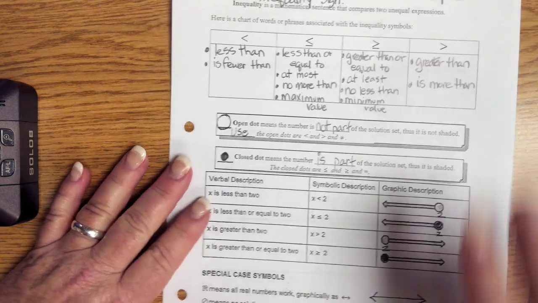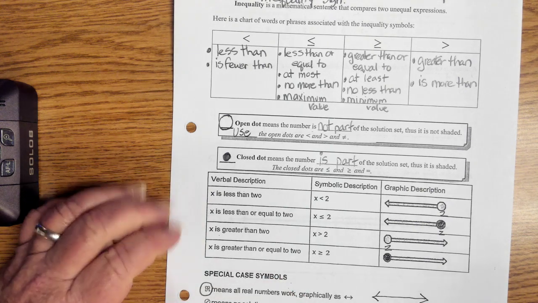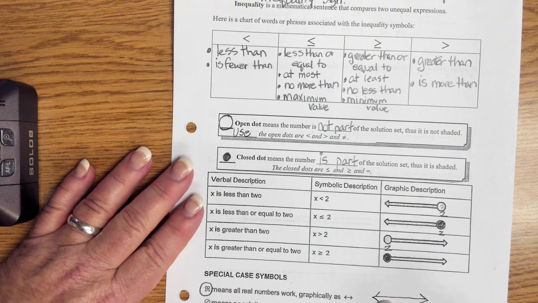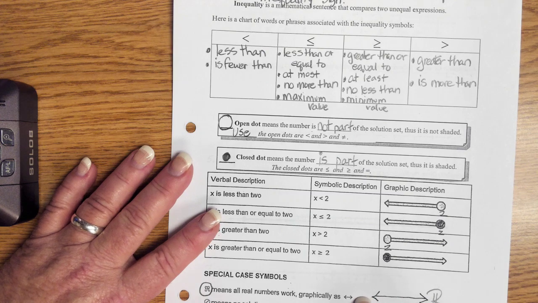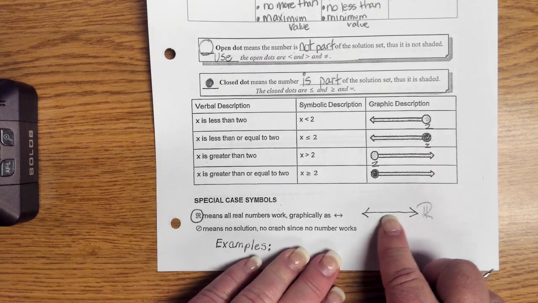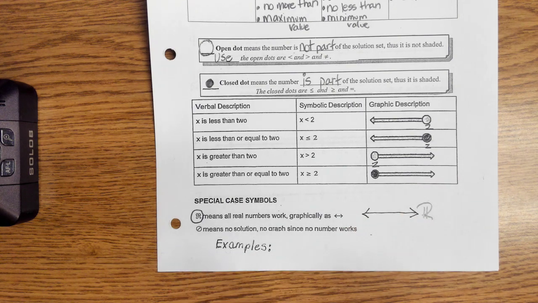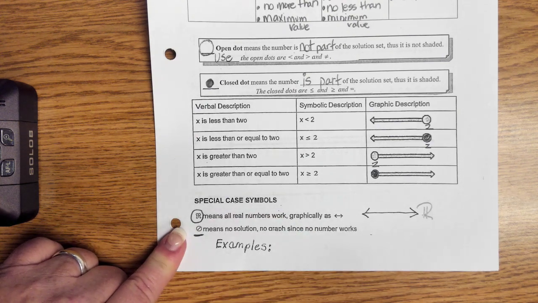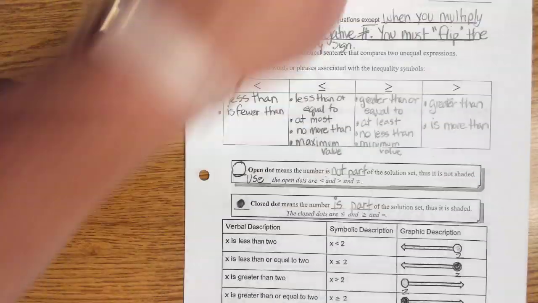Special case symbols. Remember I told you yesterday that that symbol means all real numbers, and it works graphically as this. All right, so this is the symbol for all real numbers on a graph. You would just put this across your number line, okay? This means no solution, no graph, since no number works, okay? What do we know those as?